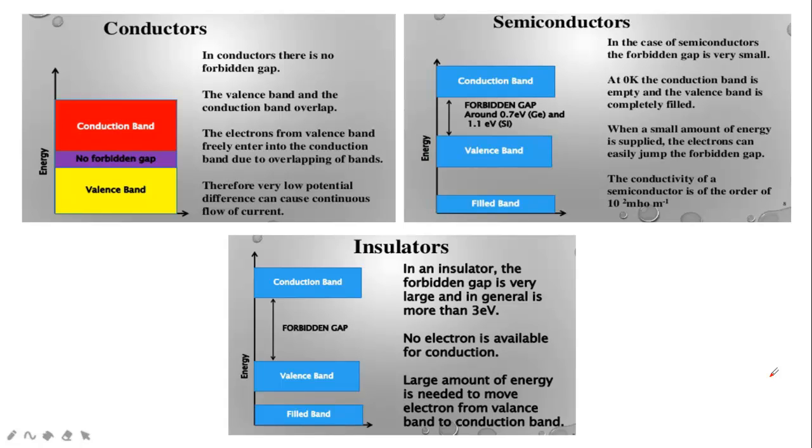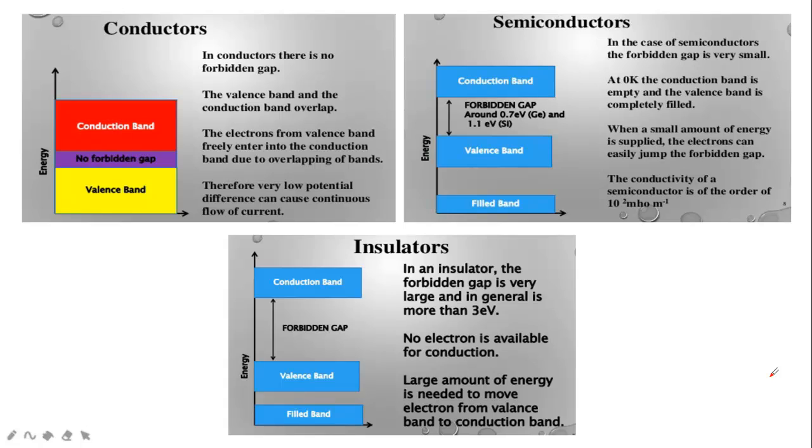Semiconductors have some forbidden gap between the valence band and conduction band, which is 0.7 electron volt for germanium and 1.1 electron volt for silicon. At 0 Kelvin, the conduction band is empty and the valence band is completely filled. When we put in a small amount of energy, the electrons can jump the forbidden gap and reach the conduction band.